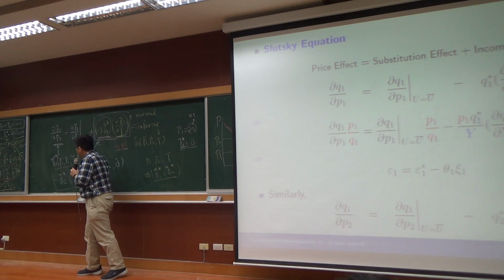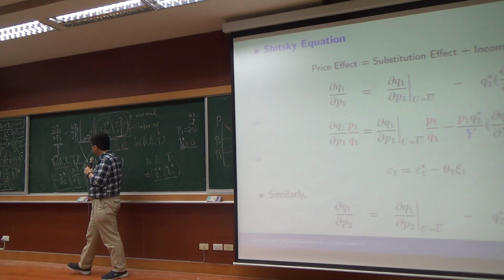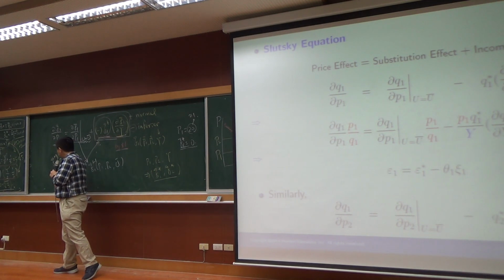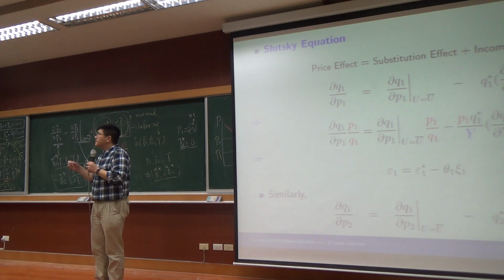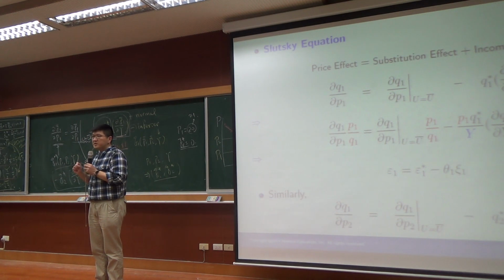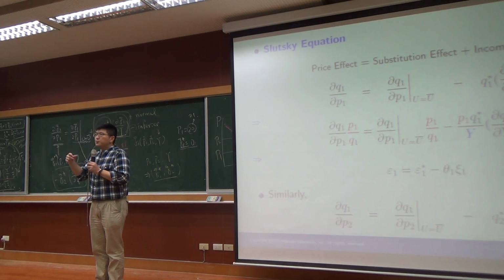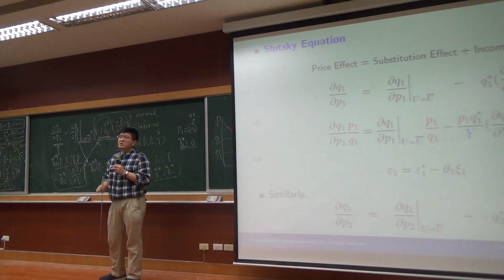This is the effect of per $1. And this time, why do we have a negative sign with Q2 star? Yeah, because the change is in P2 rather than in P1, right? So now P2 is $1 higher. So your real income will be cut by the quantity of commodity 2.